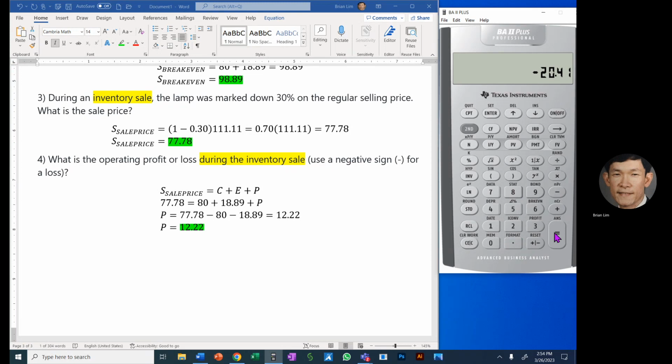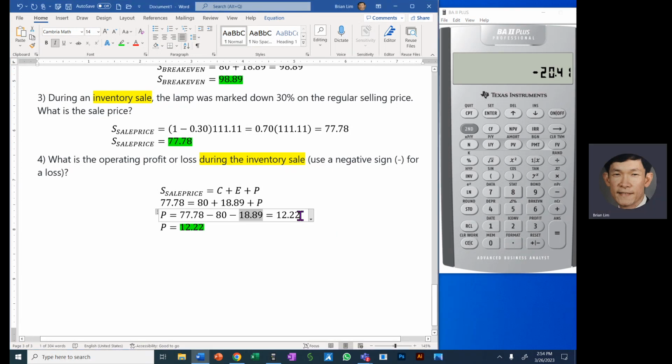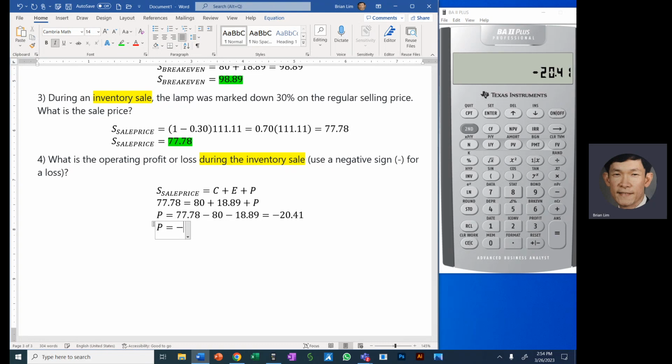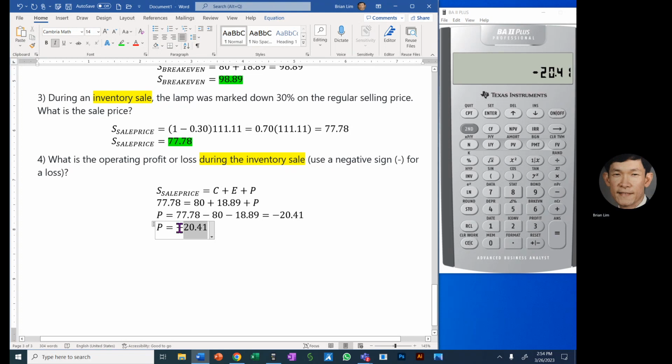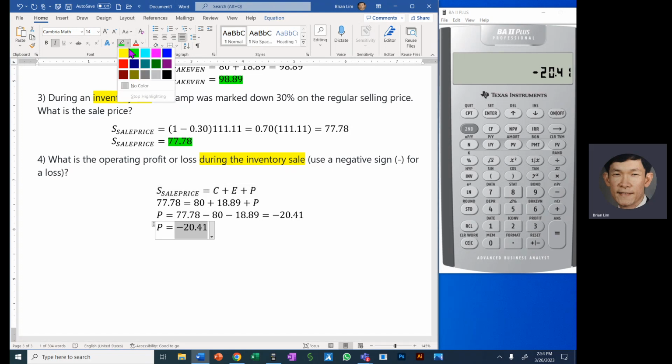We get negative 20.41. There was a loss. We got a glimpse of what there would be, some profit, if it was the regular selling price, but it was not. So there was a loss of $20.41.